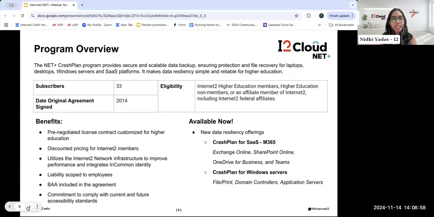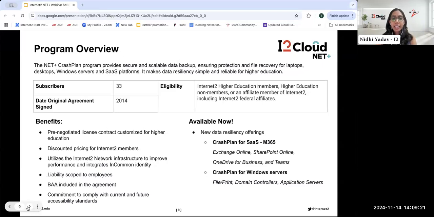It makes data resiliency simple and reliable for higher education. The program, which was established in 2014, is currently subscribed by 33 institutions. Who can participate? The program is available to Internet2 higher education members, non-members, and Internet2 affiliate members, including federal affiliates.